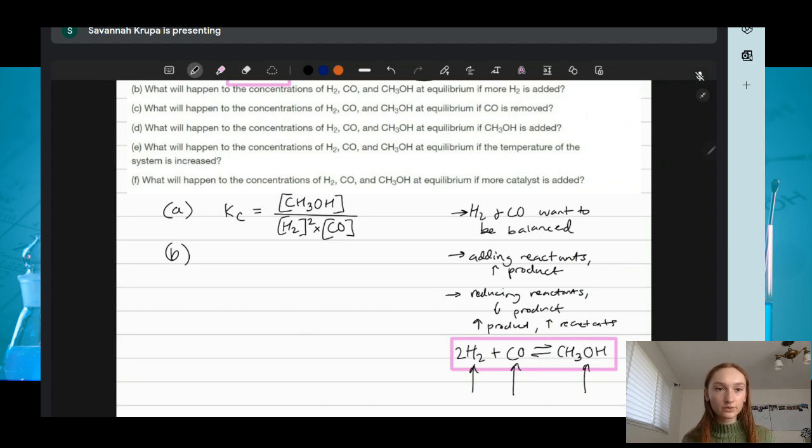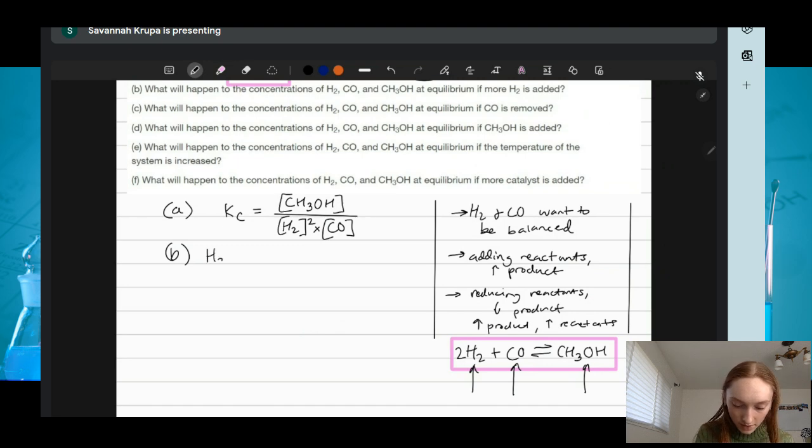So H2 is a reactant. So when we are increasing the reactants, just as we were talking about before, kind of our rules to follow, is that the two reactants in this problem are going to want to balance each other. So if you increase one reactant, the other reactant will reduce. So H2 is obviously going up, so it's being added.